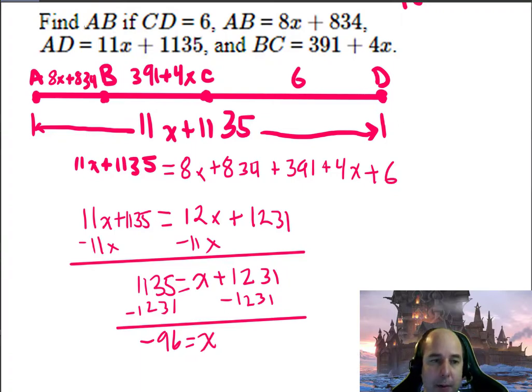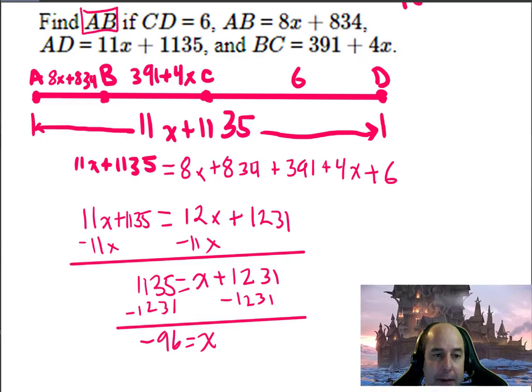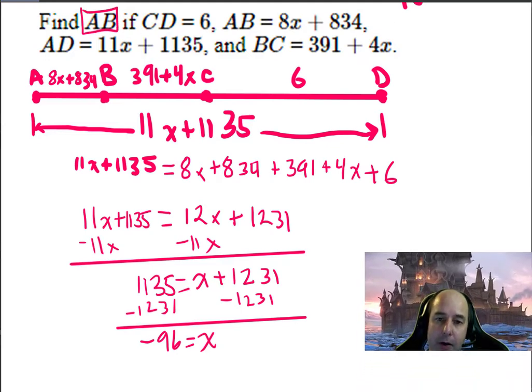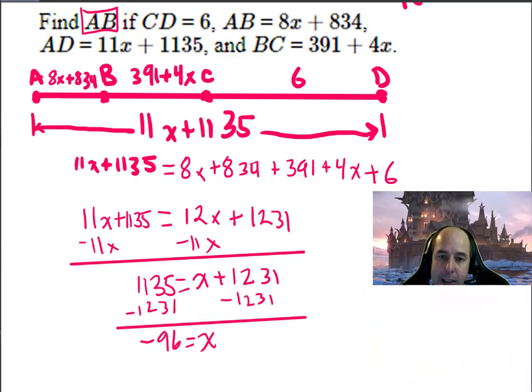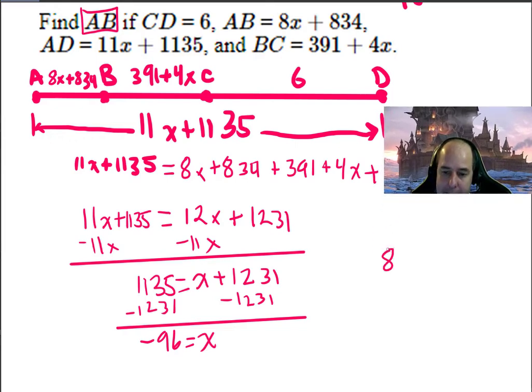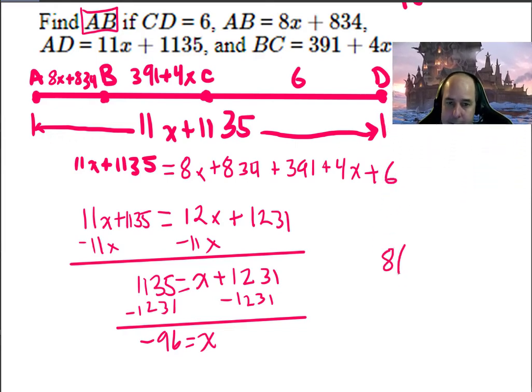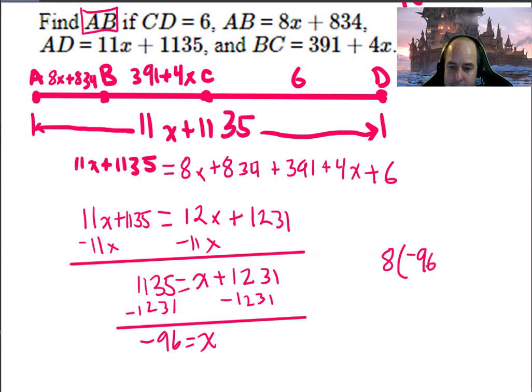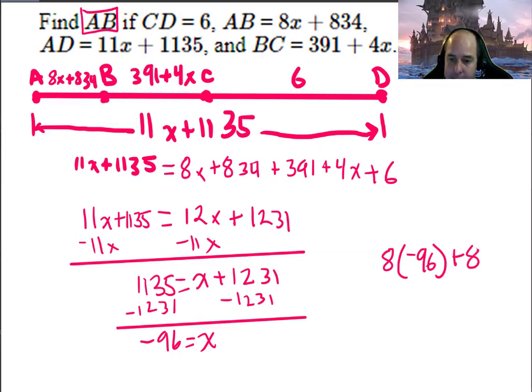And now, what did they want me to find? They wanted me to find AB. So I'm going to go over here. AB is equal to 8x plus 834. So it's going to be 8 times negative 96, which is my x, plus 834. Negative 96 times 8 is equal to negative 768, right?